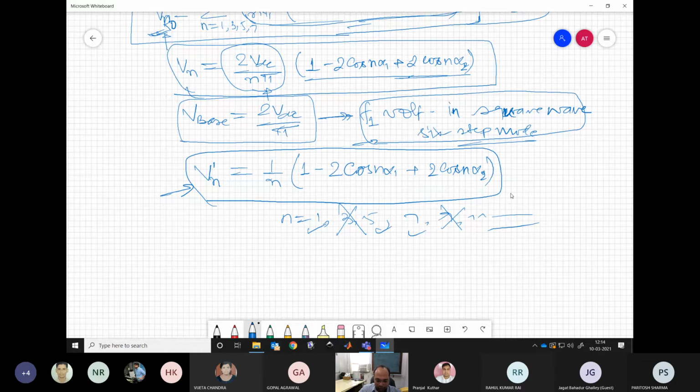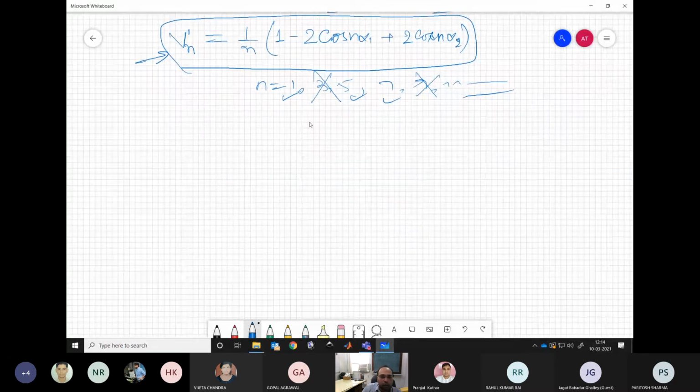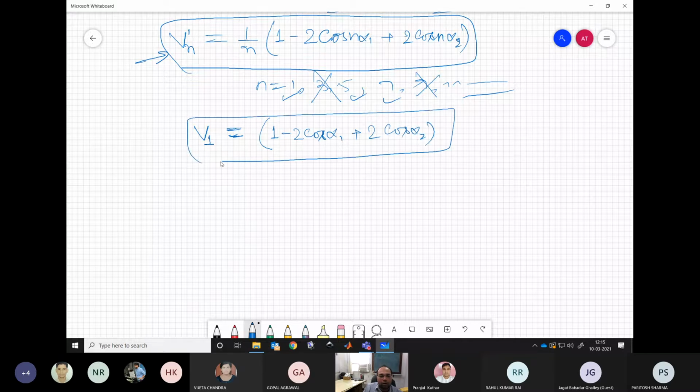Now let us see what it means to have a particular voltage. Let's say first talk about V1, because our first task is to generate V1 as per our requirement. So this is your fundamental component. Of course, this is normalized.